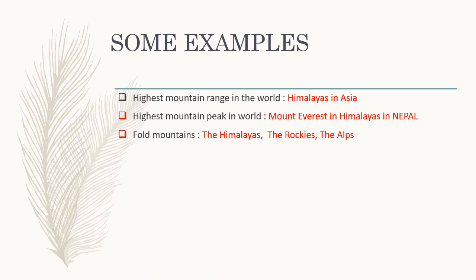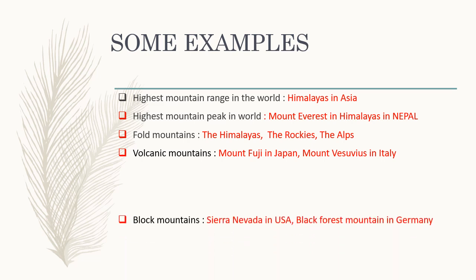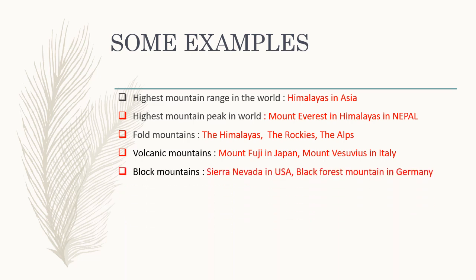Examples of fold mountains are the Himalayas in Asia, the Rockies in North America, and the Alps in Europe. Examples of volcanic mountains are Mount Fuji in Japan and Mount Vesuvius in Italy. Examples of block mountains are Sierra Nevada in USA and Black Forest Mountains in Germany.